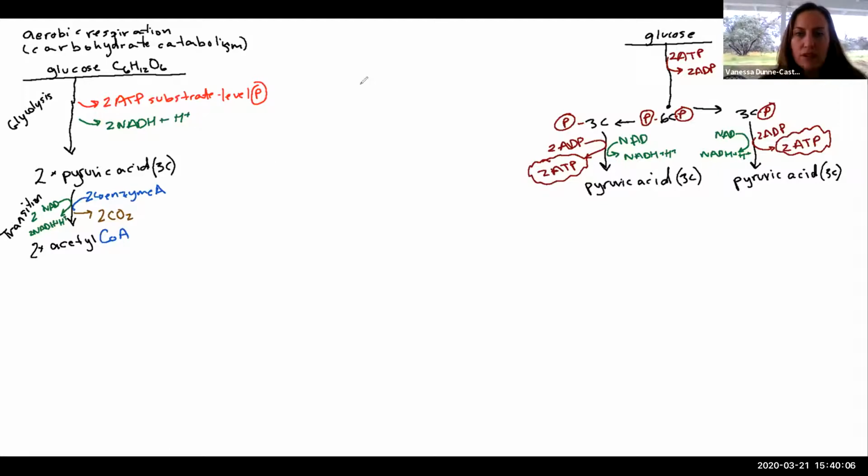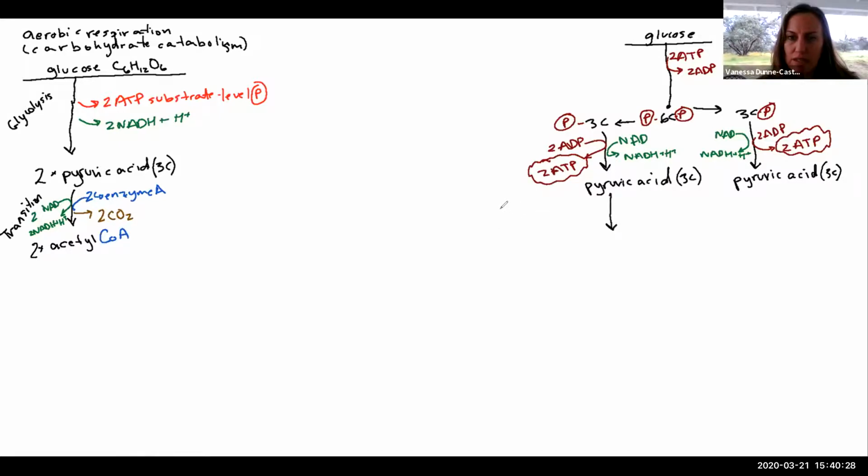Let's draw that over here for our longhand version. This becomes important to do in the longhand version when we're trying to understand what's happening when we are using a non-carbohydrate starting compound.